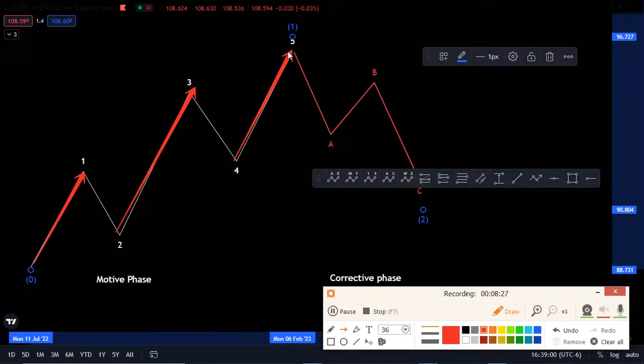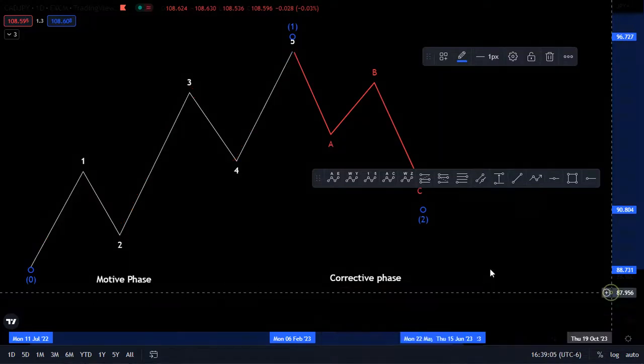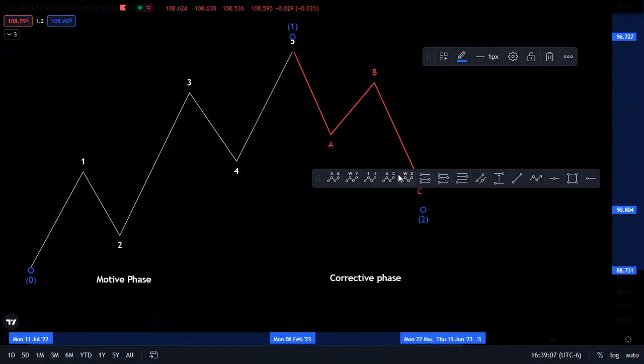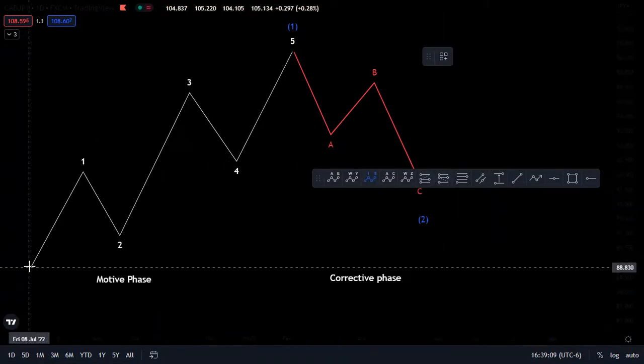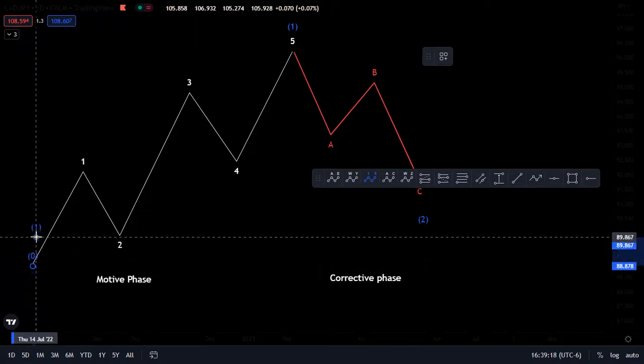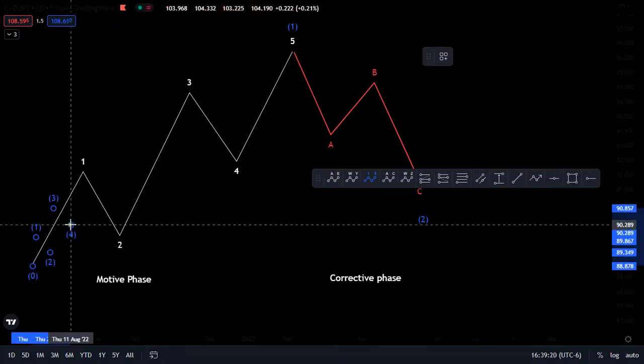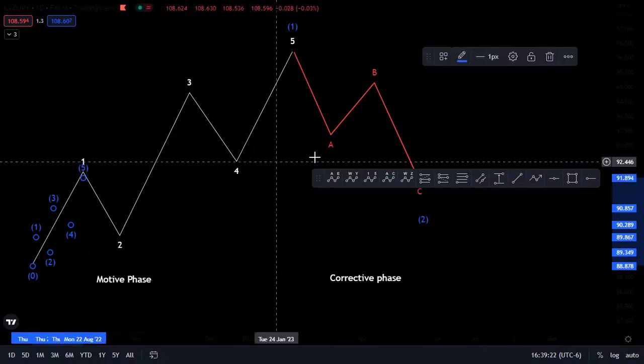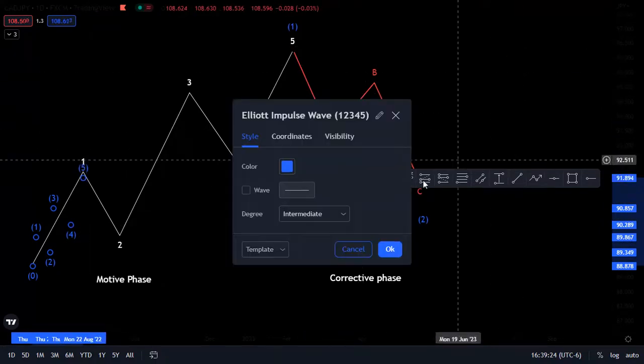Let me illustrate what I mean. What we simply mean is, if wave 1 is under the motive mode, it's made up of 1, 2, 3, 4, 5. Let's make it better.